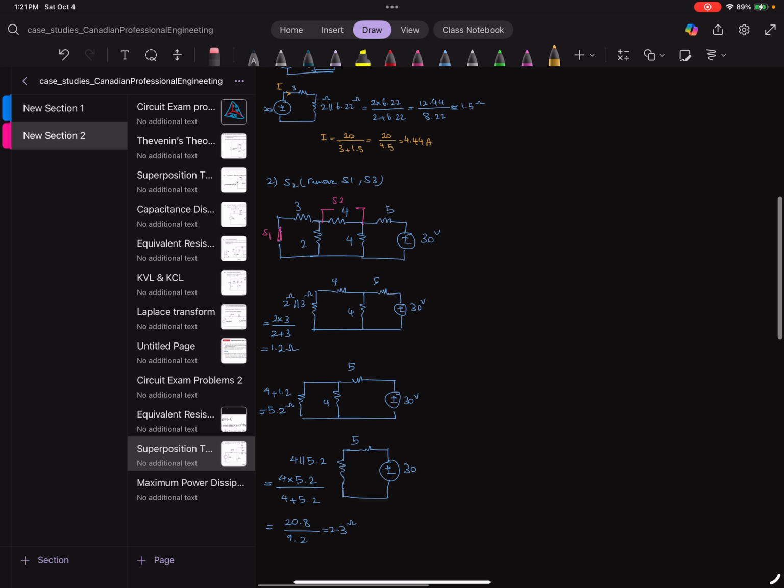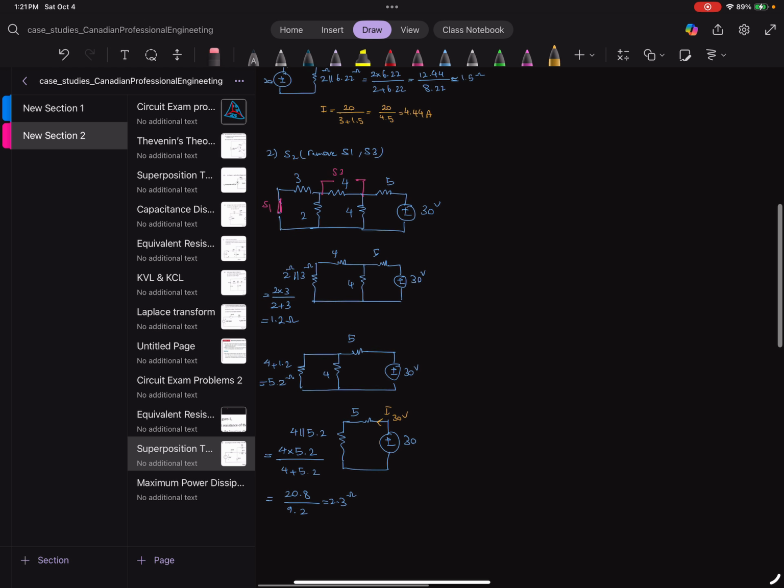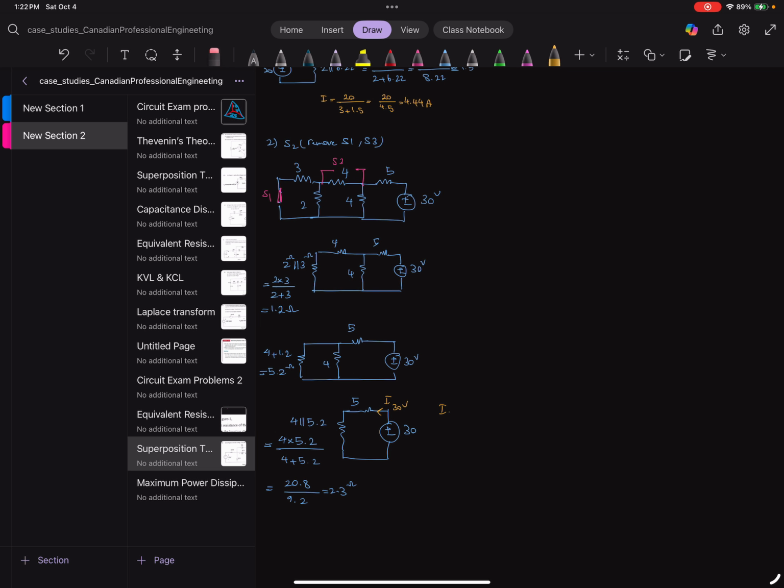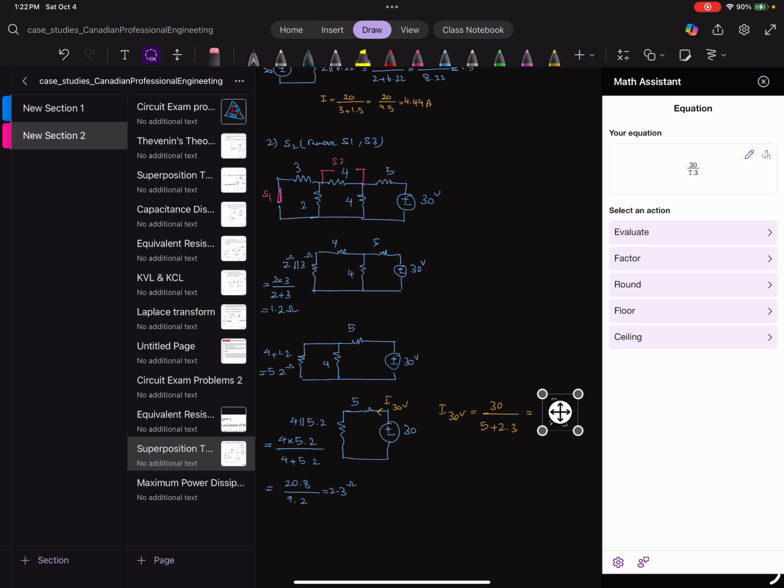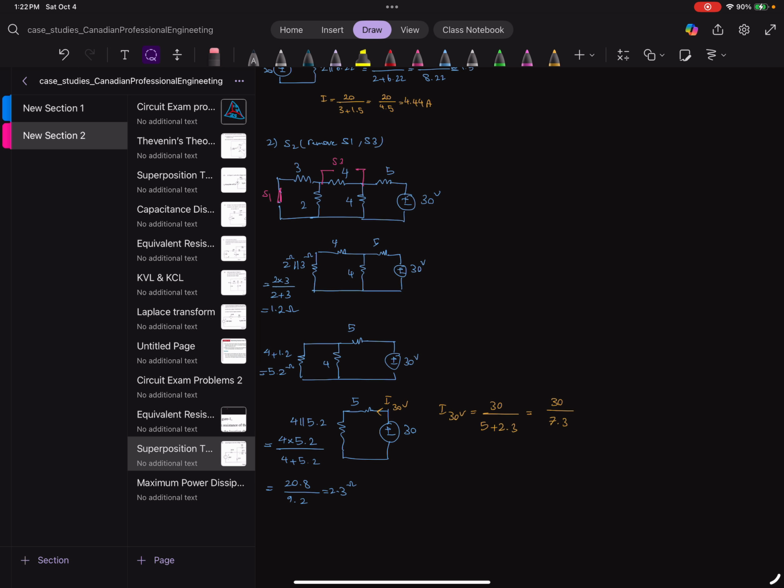So now we do the same thing. We find the current I of 30 volt. I of 30 volt is exactly equal to 30 over 5 plus 2.3 ohm, which is 30 over 7.3, so we have 4.1 amp.